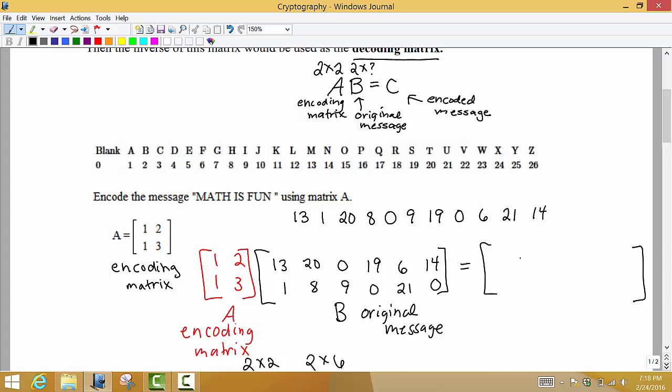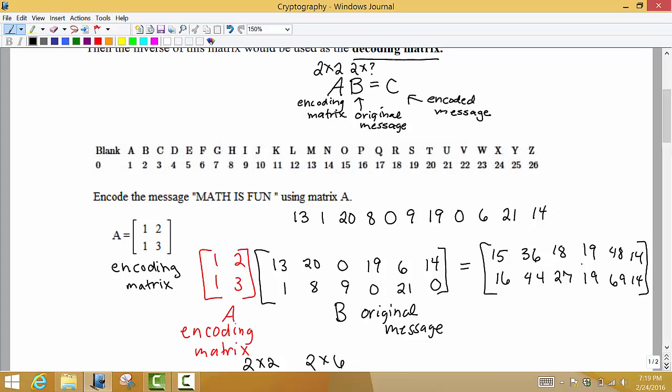So I put that into my calculator, and I get 15 over 16, and then 36 over 44, 18 over 27, 19 over 19, 48 over 69, and then the last entry is 14 over 14. Okay, so this is our encoded message.